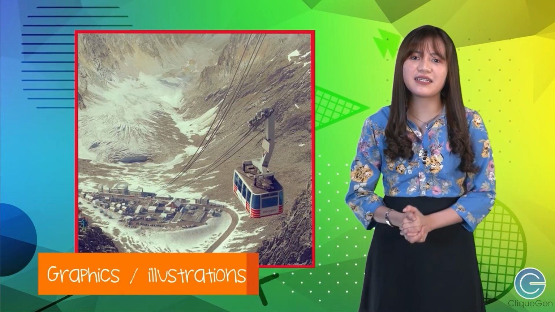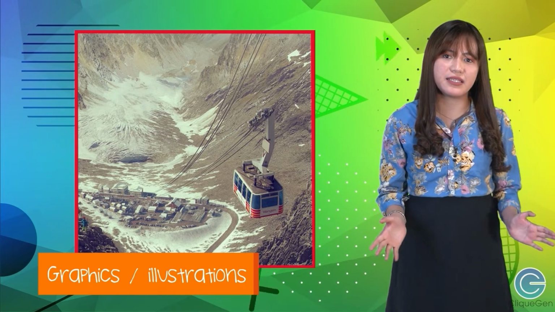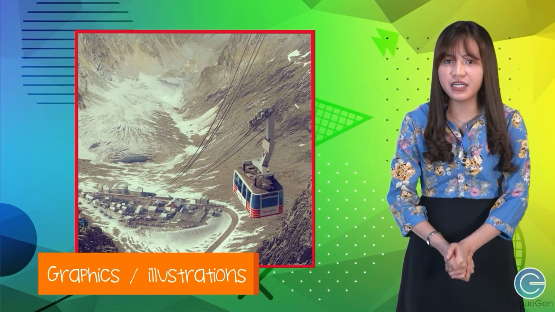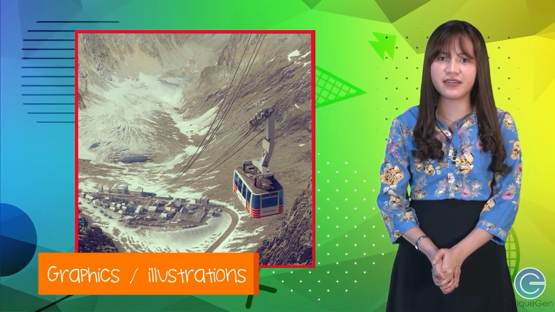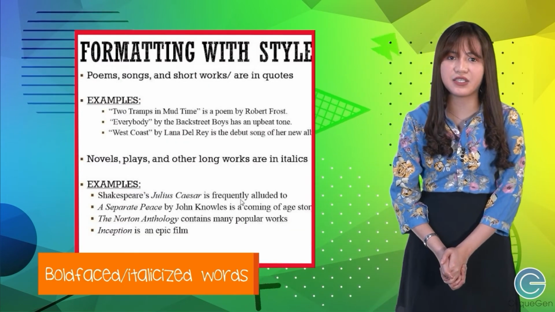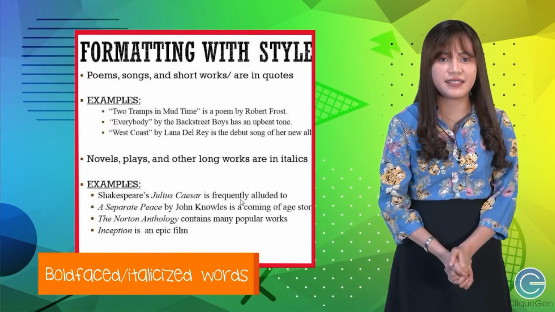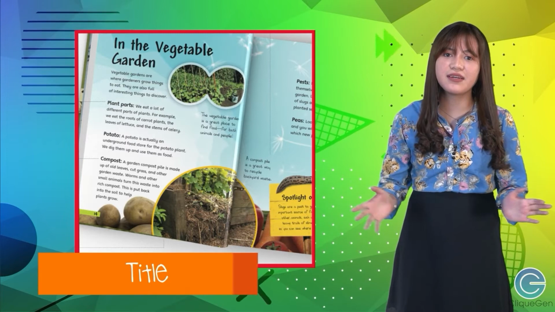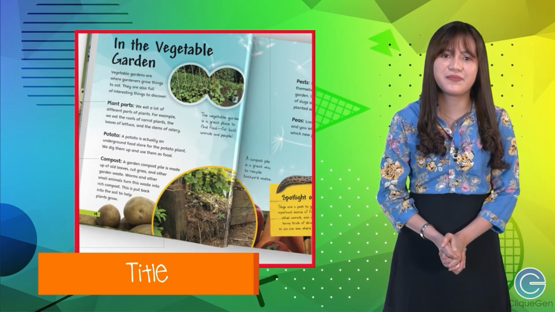Ninth, it has graphics or illustrations. These are visual aids such as image representations to help the readers understand the particular information. Tenth, it has bold-faced or italicized words or phrases, which signify importance in the text. Eleventh, it has a title, which tells the topic of the text.